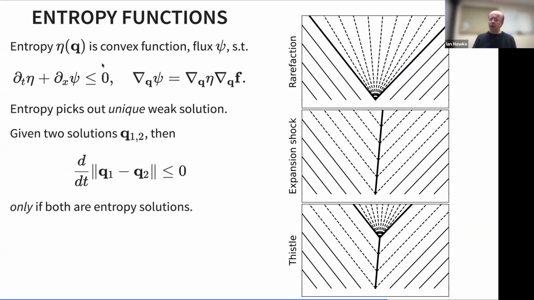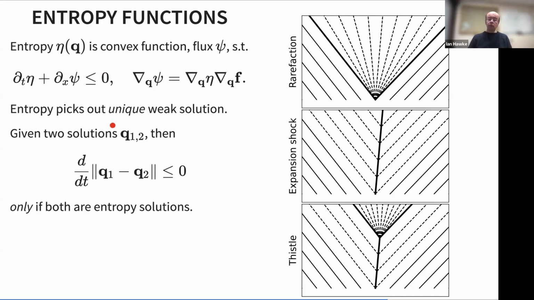Now, you might think that's the wrong way round. That's because this is a mathematical entropy, not a physical entropy. So for hydrodynamics, the mathematical entropy is essentially minus the physical entropy. You can also think of this as an energy. If your numerical method is obeying this entropy inequality, then you will pick up an appropriate solution.